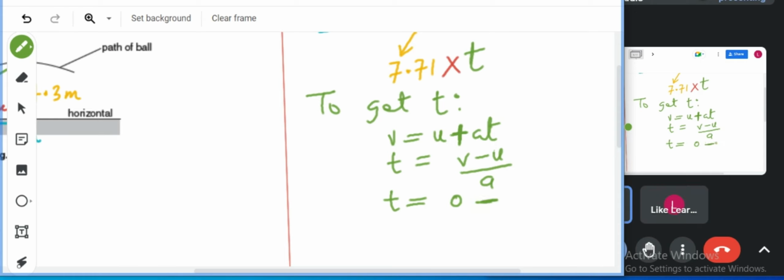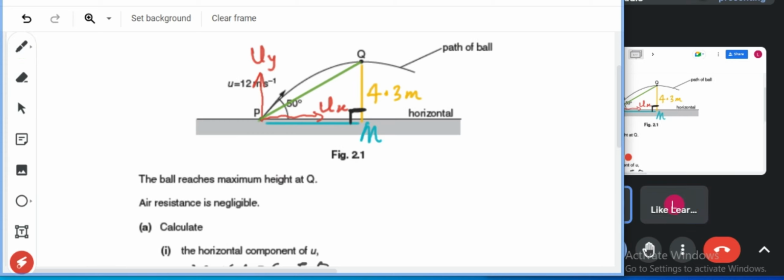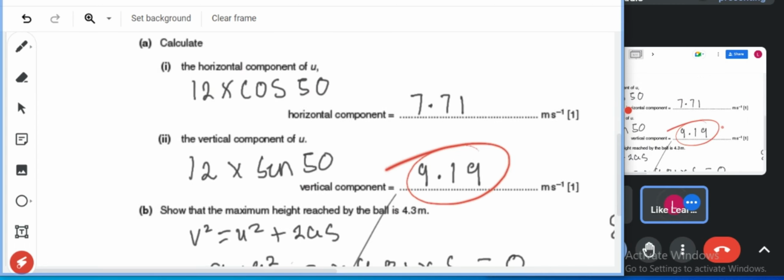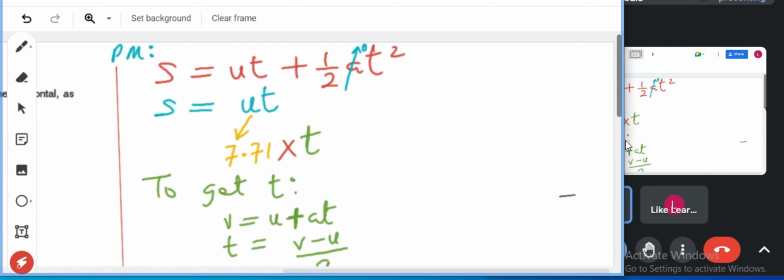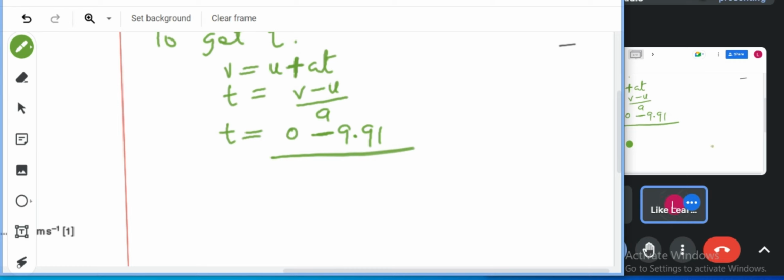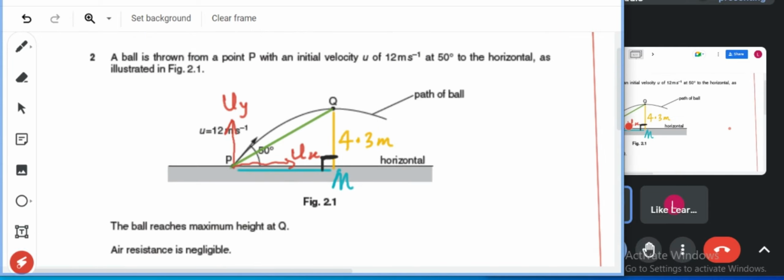Minus the initial velocity, that's the vertical component, isn't it? 9.91. 9.91 all over A. And what's A? 9.81. It's a rise.